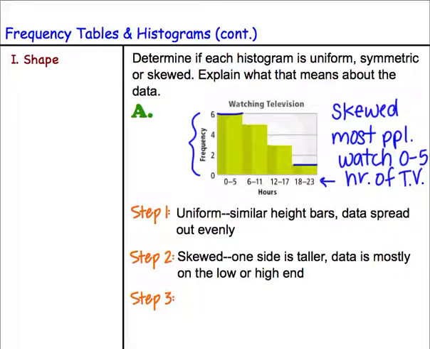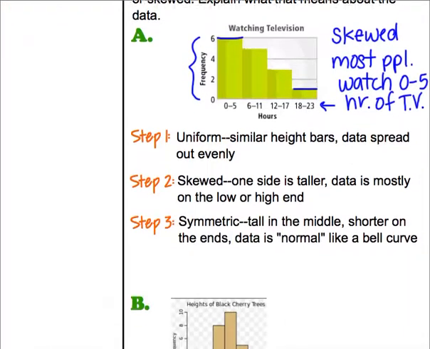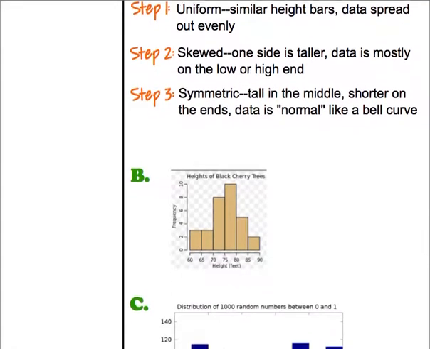Now the third one I haven't put up yet is the symmetric one, where it's going to be tall in the middle and shorter on the ends, and we talk about the data being normal, like a bell curve. That's what we've got here on B. This one we know is symmetric, because it's lower here and high here in the middle.